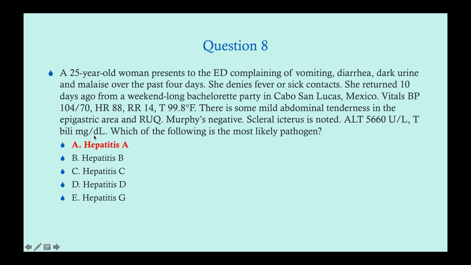And hepatitis A is often transmitted foodborne, fecal-oral contact, and it's also highly associated with travel to endemic areas, which includes Mexico and a lot of developing countries. So this fits really well with hepatitis A. Hepatitis A also gives you GI symptoms, including the diarrhea and vomiting, and then the dark urine has to do with the fact that there's liver issues going on here.